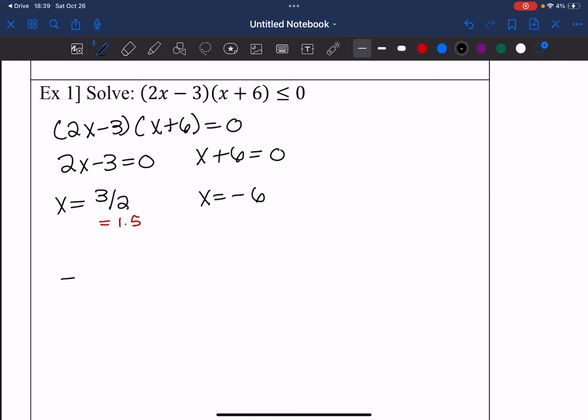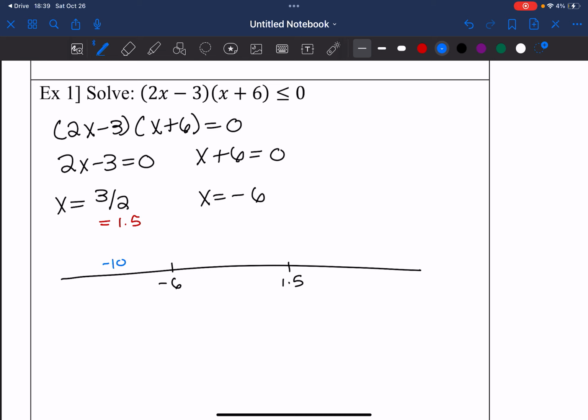Okay, so we're going to graph these on a number line. We have negative 6, and then we have 1.5. We have to pick test points in each of these 3 sections to test our original inequality. So we're going to pick a number smaller than negative 6, so I'm going to pick negative 10.